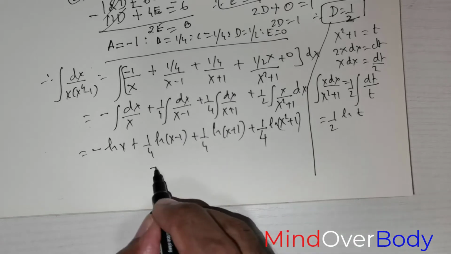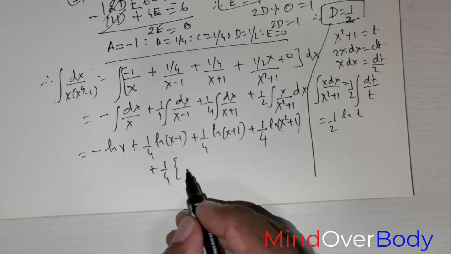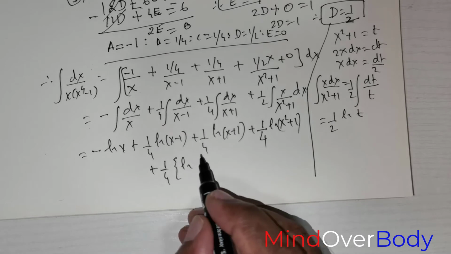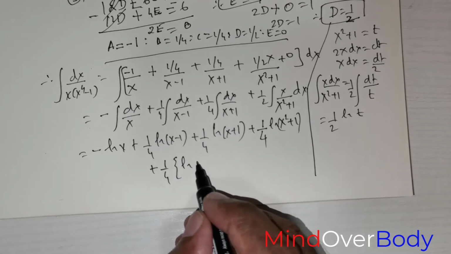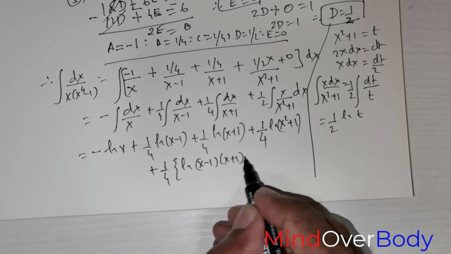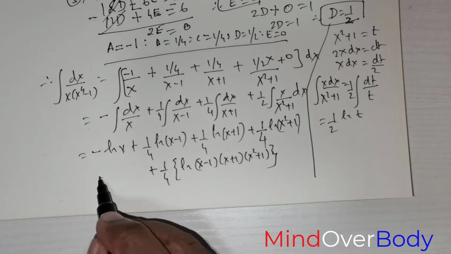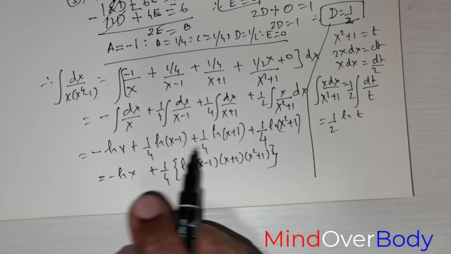So if I were to take 1 over 4 out, this is going to give me ln of A plus ln B plus ln C. So I can rewrite this as x minus 1 times x plus 1 times x squared plus 1, right? And you got a negative ln x.